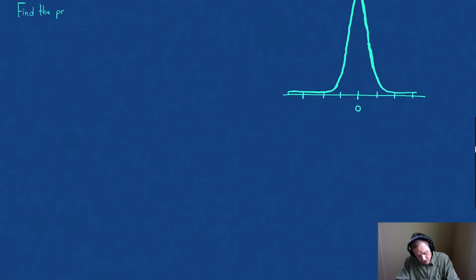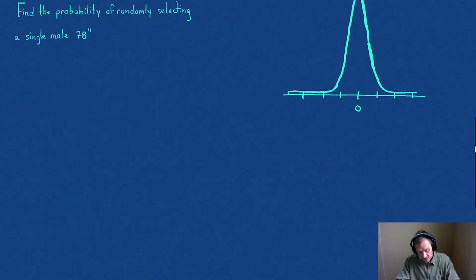Find the probability of randomly selecting a single male 78 inches or more. 78 inches is the same as 6 feet 6 inches or more.